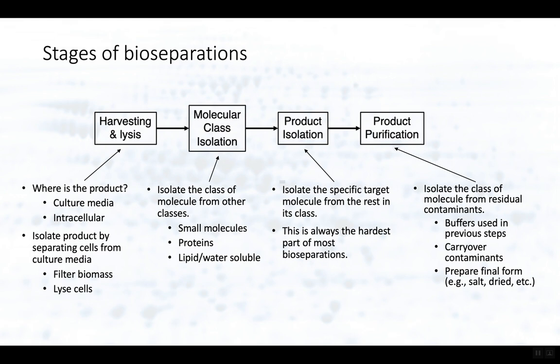There are multiple schemes that work. It's the job of the bioseparations engineer to figure out which scheme will do it the cheapest, and that's not always obvious. That's where there's a lot of intuition involved. You have to have a great knowledge of separations processes in order to make the correct choices at the correct time.